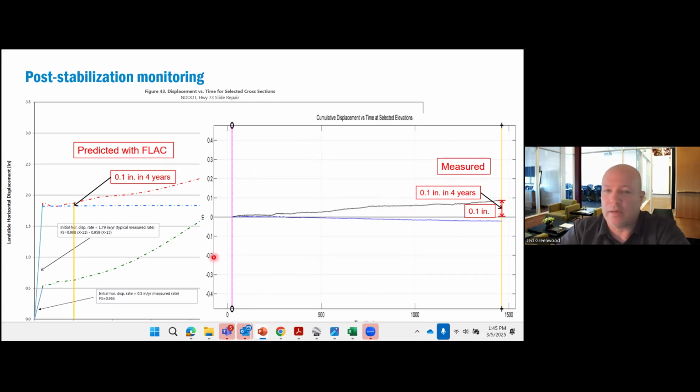It's holding with this. I didn't have time to process it, but the deformation rate is doing exactly what we thought. We told the client from the beginning that we're not going to stop the landslide cold, but we are going to reduce the rate of deformation to a level that's so small that it's manageable.